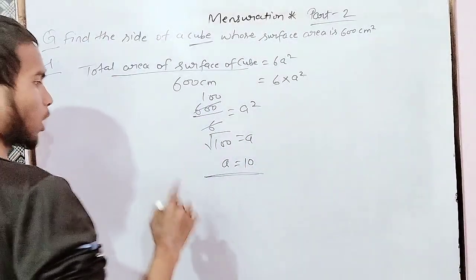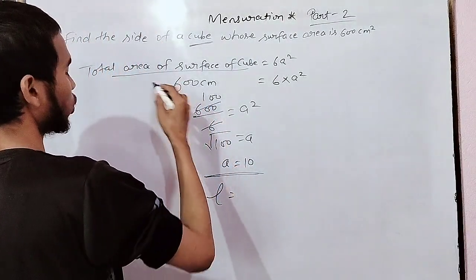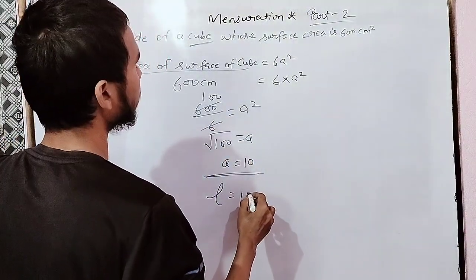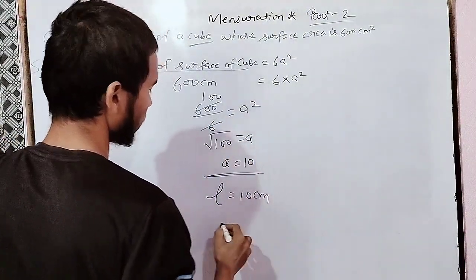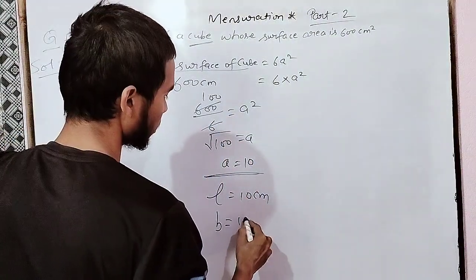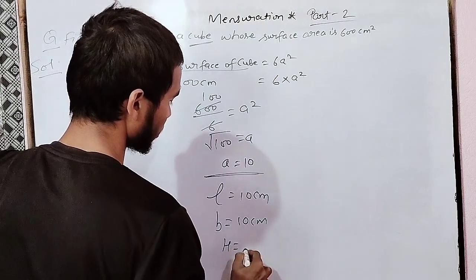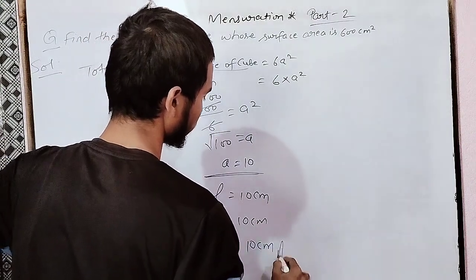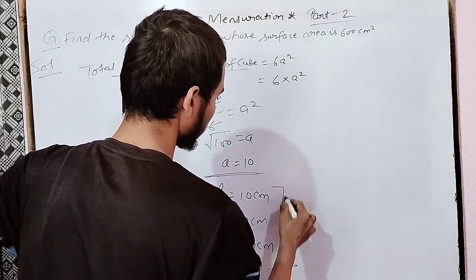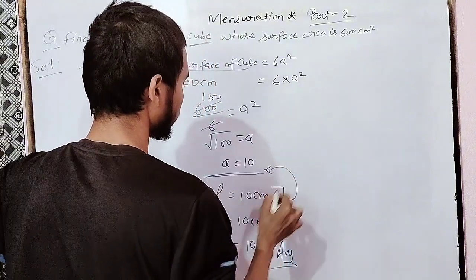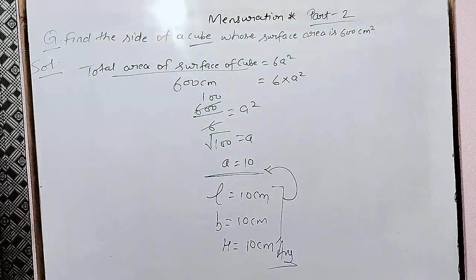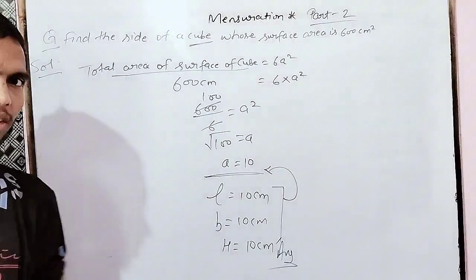So the length of the cube is 10 centimeter, as well as breadth is 10 centimeter, as well as edge is 10 centimeter. This is the meaning of a equal to 10 centimeter. I hope it is very crystal clear to you.